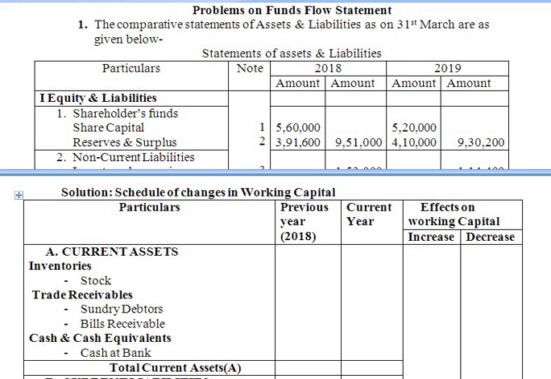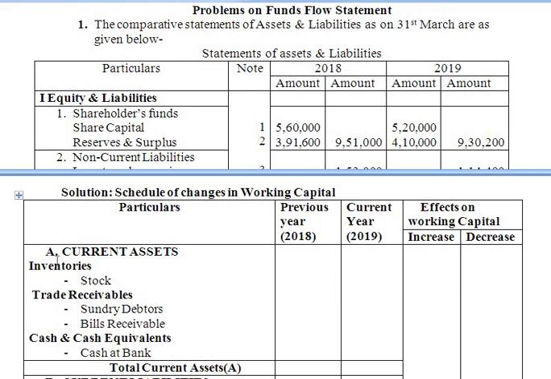The last column is effects on working capital. Whatever changes in the amount, what is the effect on working capital, whether working capital increases or decreases, that will appear in the increase or decrease column.